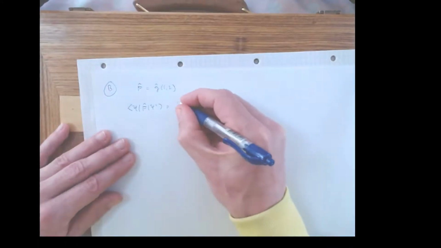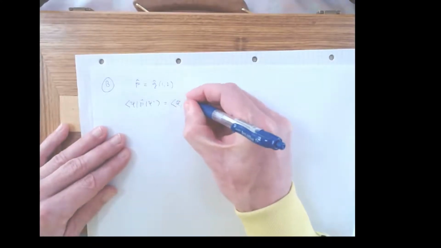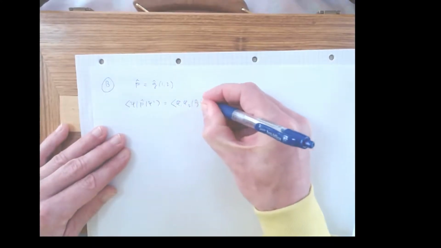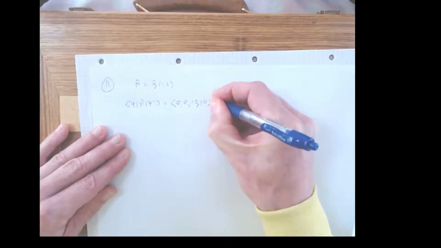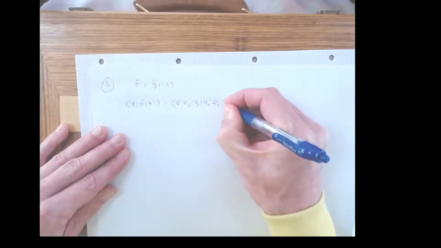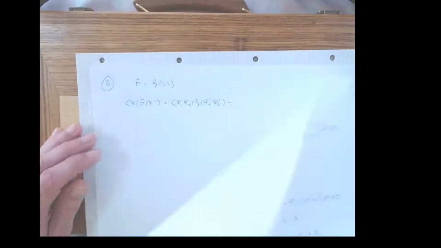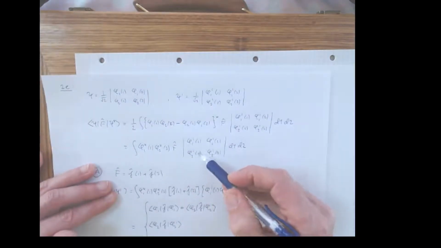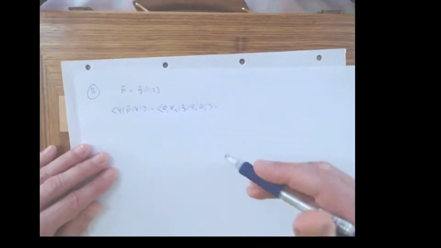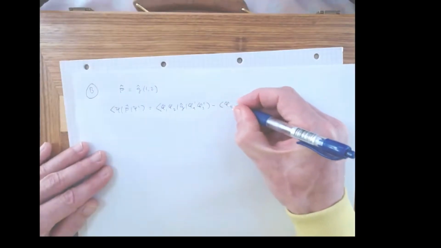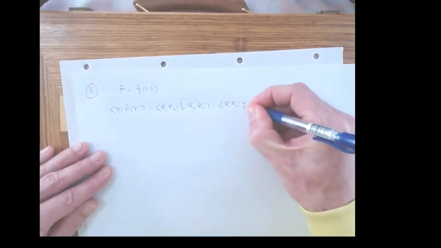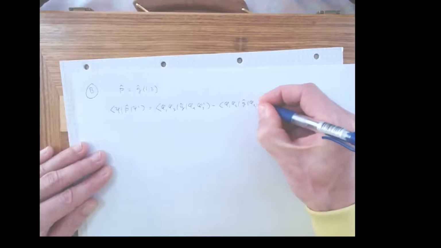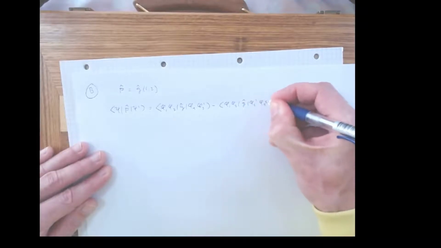So that will be something I will write in this form: 1 prime, 2 prime, and then I have the other term, what I get from this, the cross term in the determinant, with a minus. So I get a minus 1, 2, and then my operator, and then 2 prime, 1 prime.